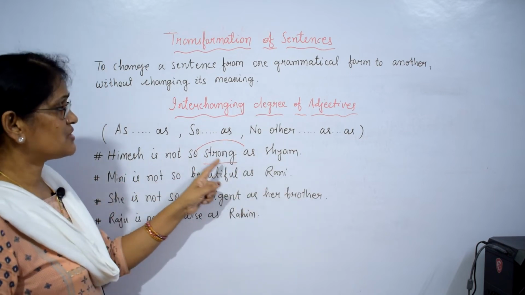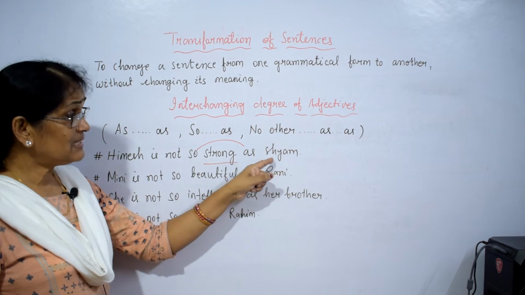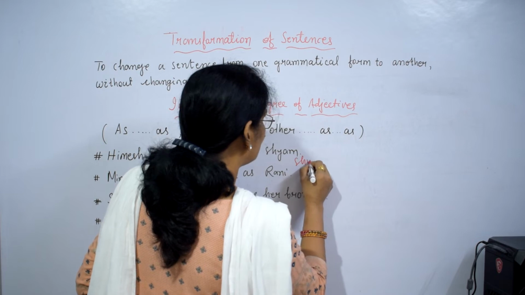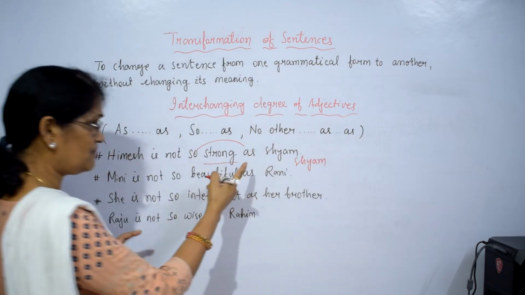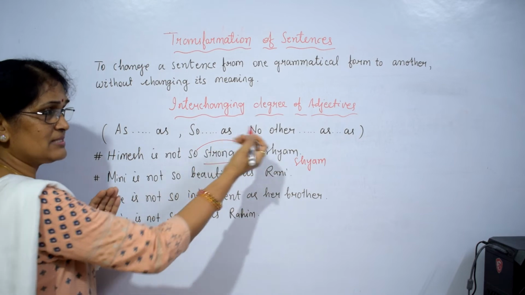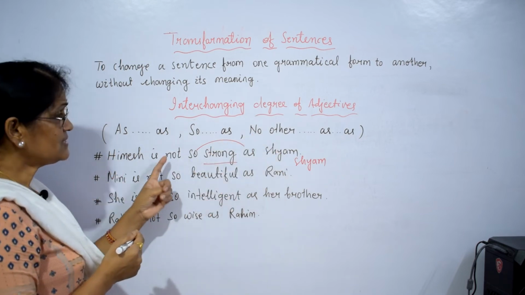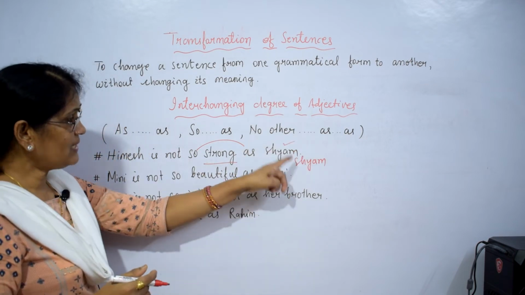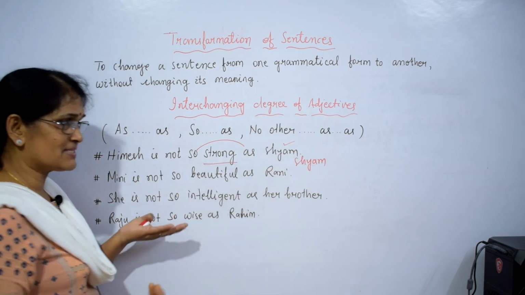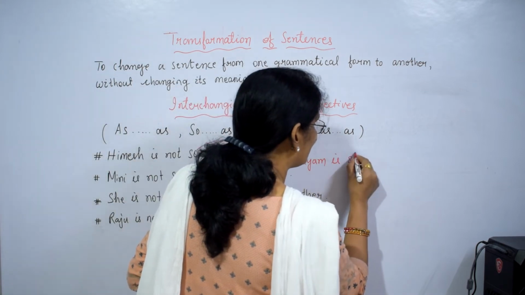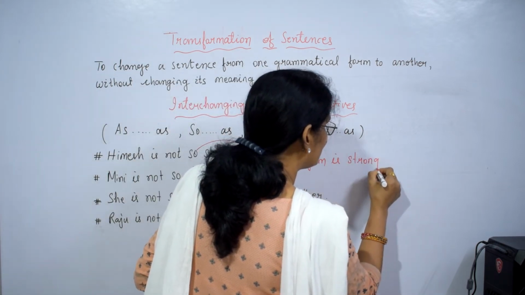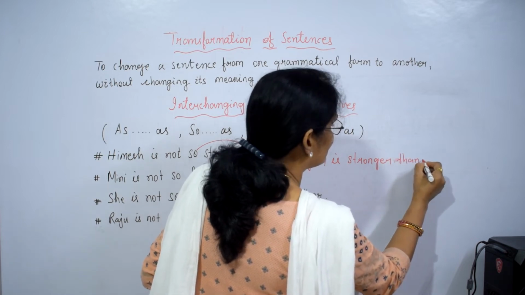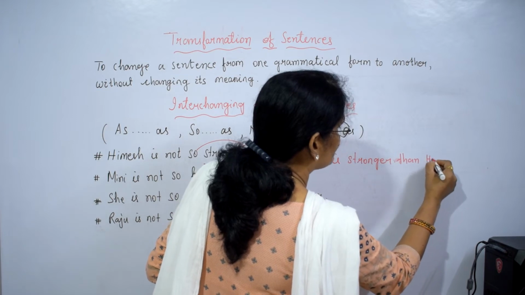Take the next name, Shyam. That means Shyam is stronger. So you have to write: Shyam is stronger than Himesh.